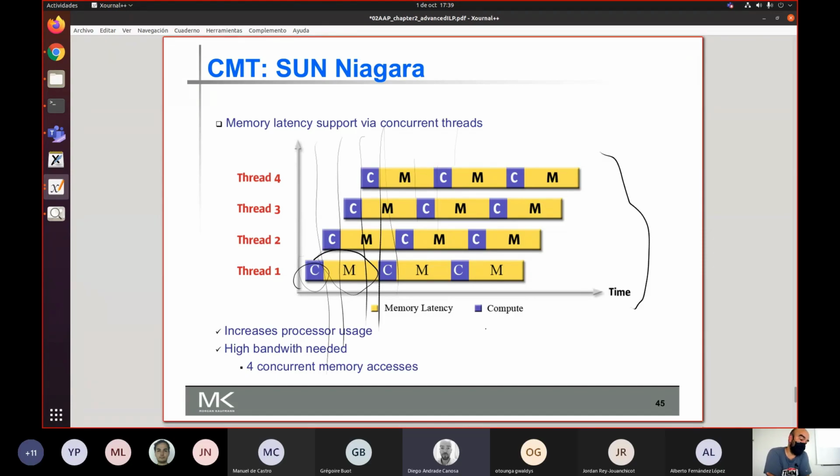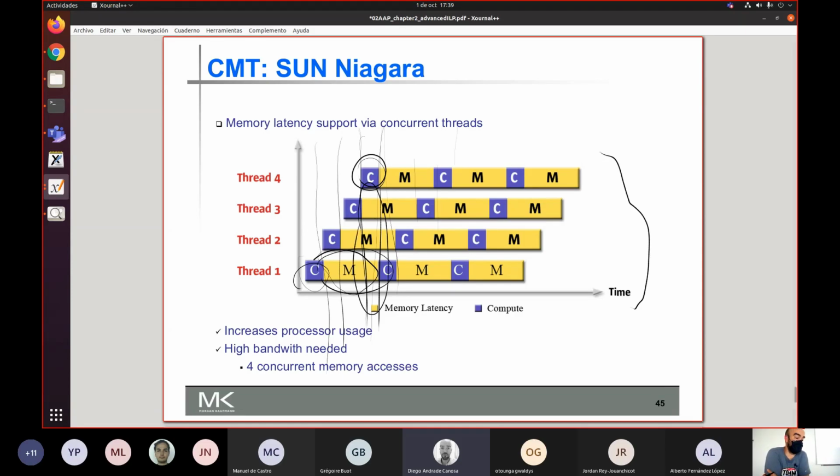One potential problem is that if you divide this vertically, this thread is computing, but the other 3 are accessing memory. So this kind of architecture puts a lot of pressure on the memory system, and this is one of the main problems of this system.